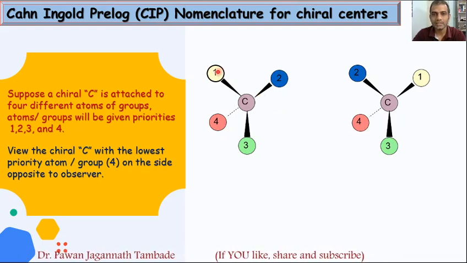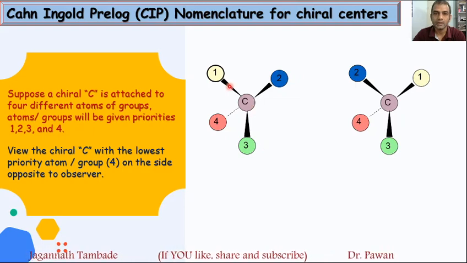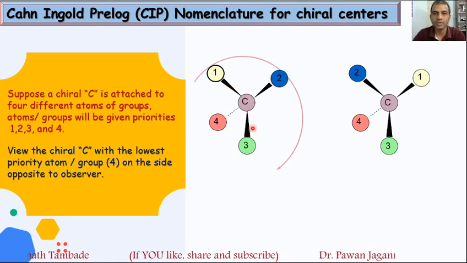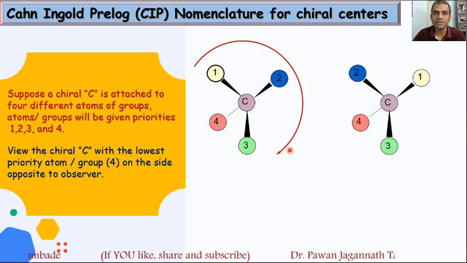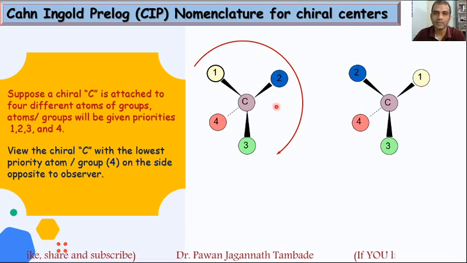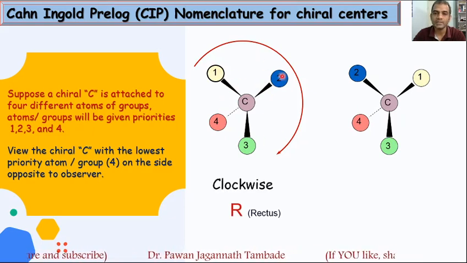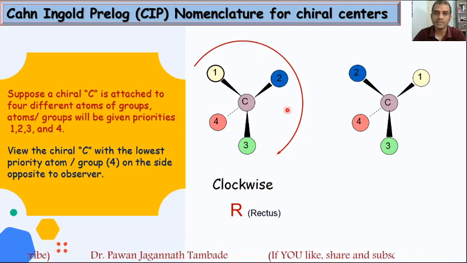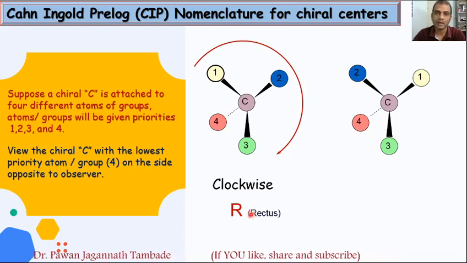So when you look at these groups 1, 2 and 3, whether you read them in clockwise direction or in anti-clockwise direction, depending upon that, these molecules are given some name. If you read these 1, 2, 3 groups clockwise, then such a configuration, such an arrangement is called R arrangement. This is the R isomer.